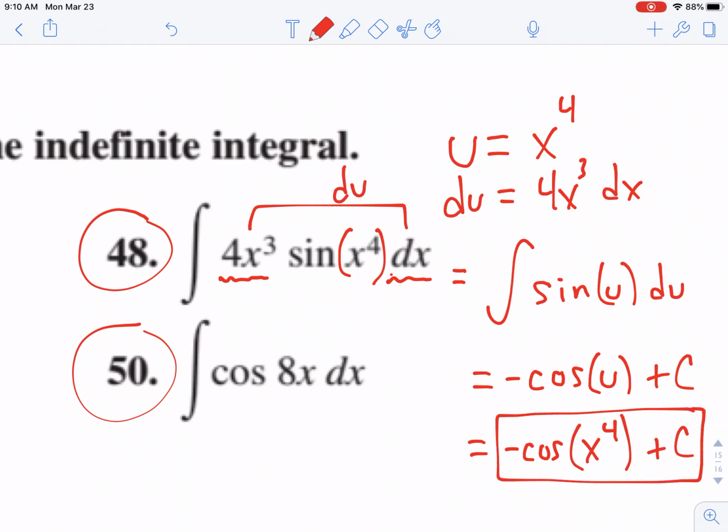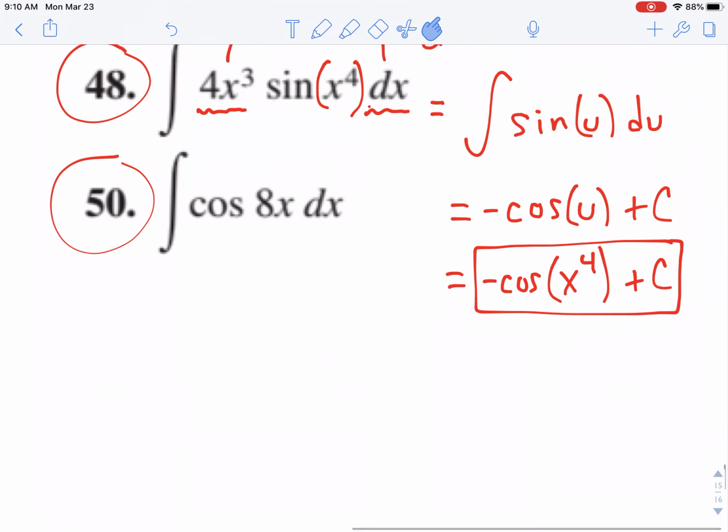That is your integral. If you ever want to check this, take the derivative of this thing. The derivative of negative cos is positive sine, right? Now, when you take the derivative of a trig function, you have to use the chain rule, which says leave the inside alone and then multiply by the derivative of the inside, which is going to be 4x to the third dx.